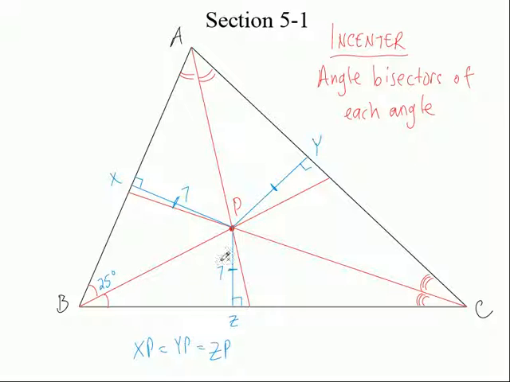Everybody see that? They may not say that that angle and that angle are equal to each other. But they may tell you that this is the incenter. If they tell you this is the incenter, what must be true about these angles? They got to be equal. Why? Because we bisected it to get the incenter. Everybody see that?